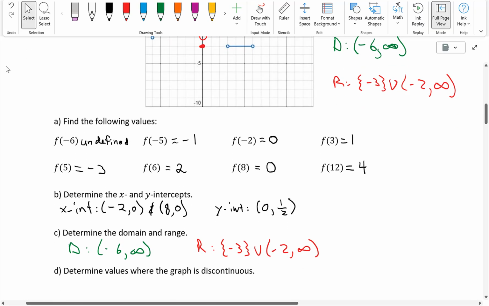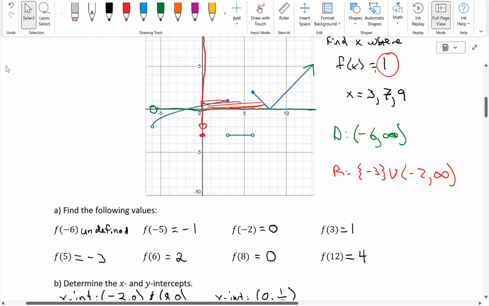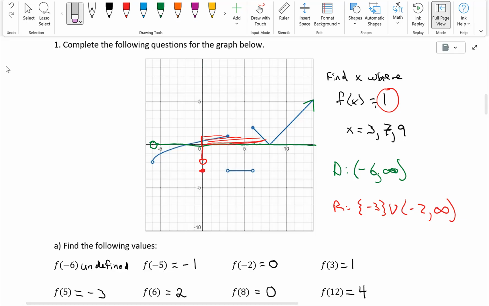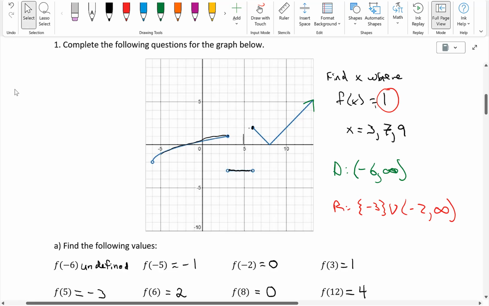And we want to know discontinuities down there as well. So where does the graph have these jumps or breaks? We can see 2 jump discontinuities. We're running along this piece and then we get to 3, and as soon as we get past it we jump down to this piece. When we get up to 6 we jump up to the absolute value piece. So we've got 2 jump discontinuities.